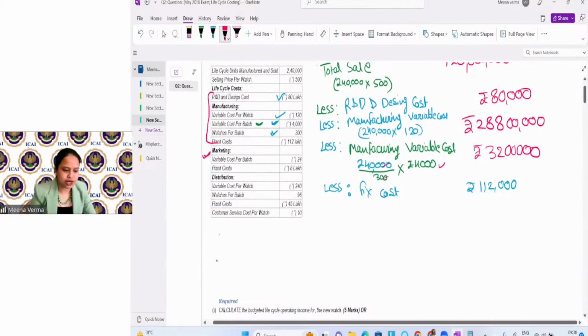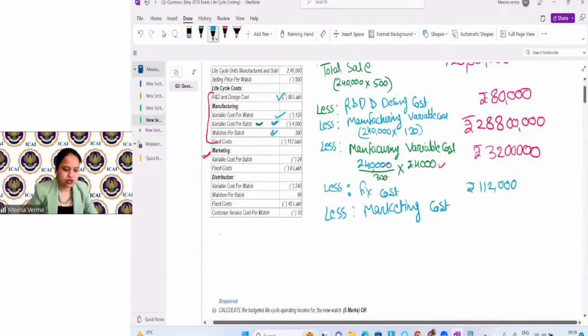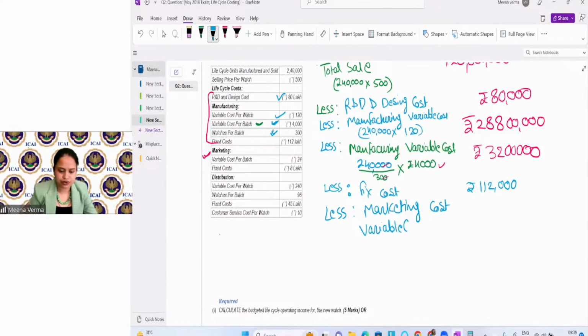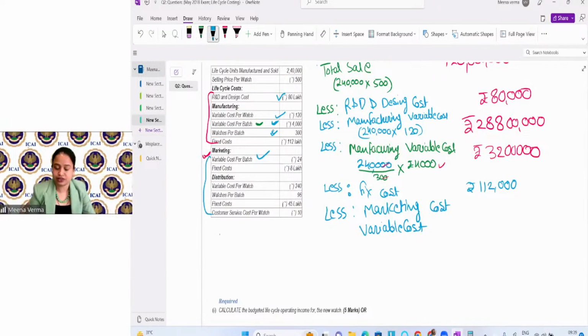So what is the marketing cost here? Marketing cost will be variable cost, per batch. Now let's see how many batches we are doing for marketing and advertising distribution.